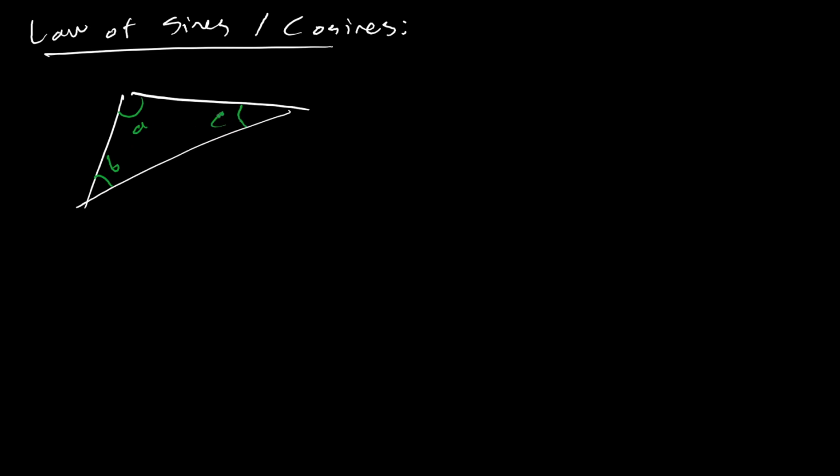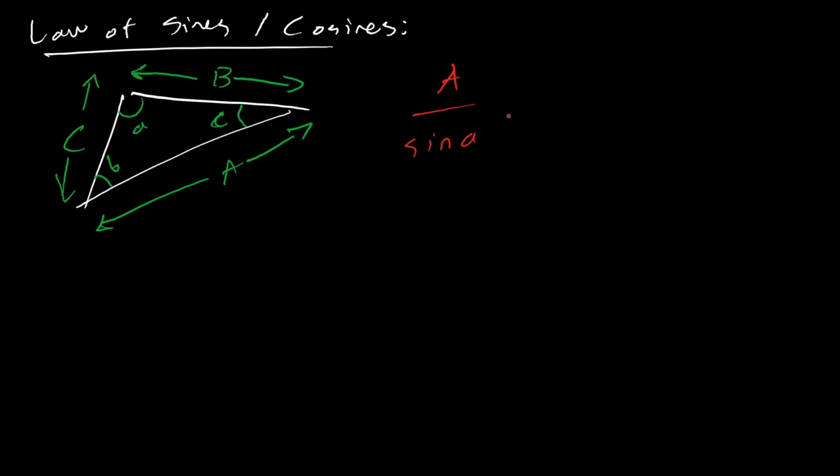Let's say this is angle C, so this length is length C, and this length is B, and this length is A. And the law of sines says that length A over sine of angle A is equal to length B over sine of angle B, and this is also equal to length C over sine of angle C.